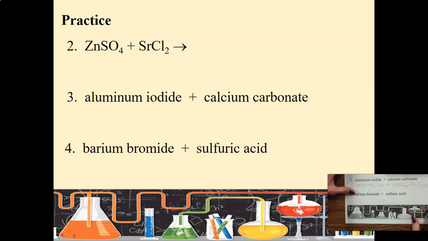Okay, that last little reaction there. Barium bromide plus sulfuric acid. So barium is Ba, bromine Br. Barium is +2, oxidation number. Bromine has -1. So you crisscross those and you get BaBr2. Plus sulfuric acid. Okay, sulfuric came from sulfate. Remember I ate something icky.